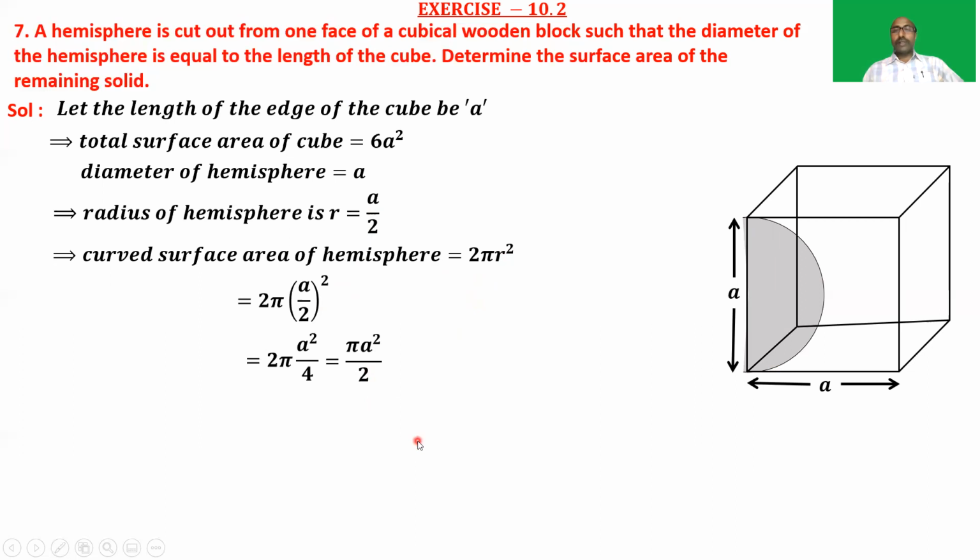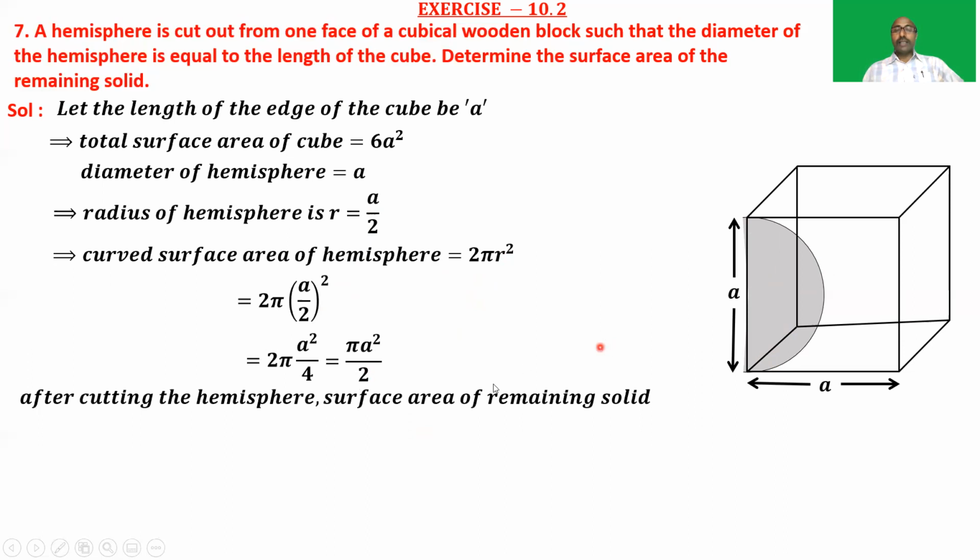Now the surface area of the remaining solid after cutting the hemisphere from one face. In this figure, we should be able to see all 5 faces of the cube as the same, but the face from which the hemisphere was cut is seen like this.